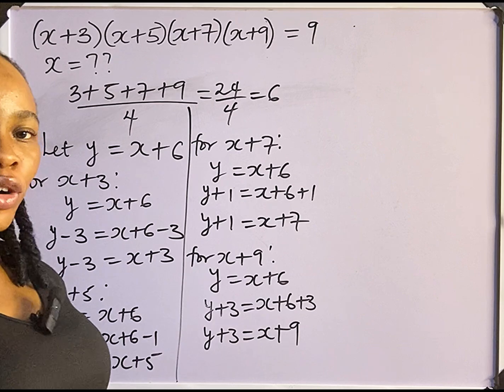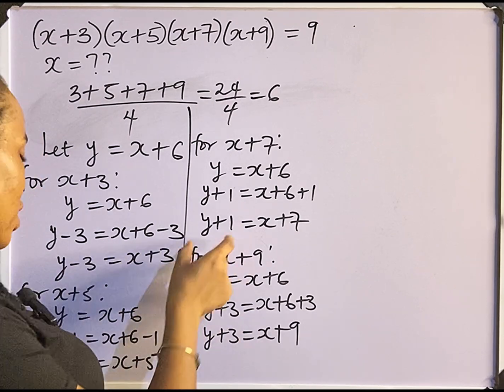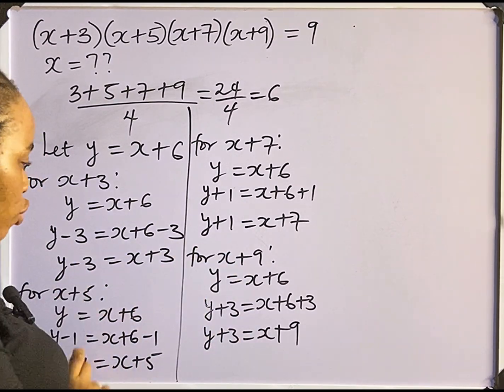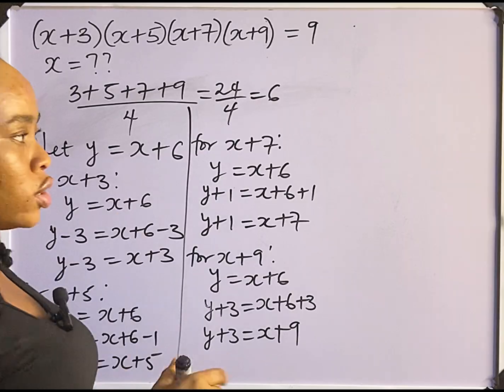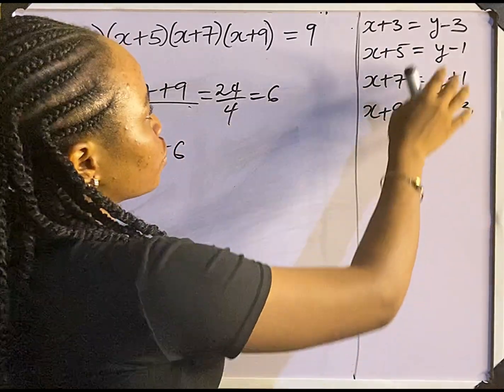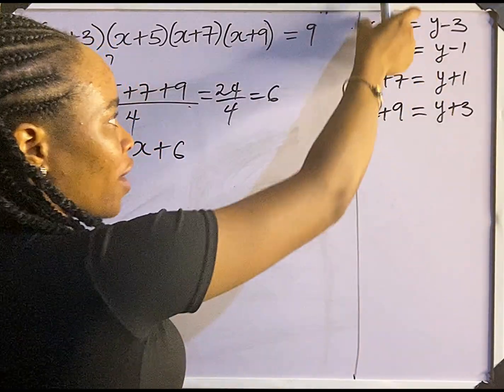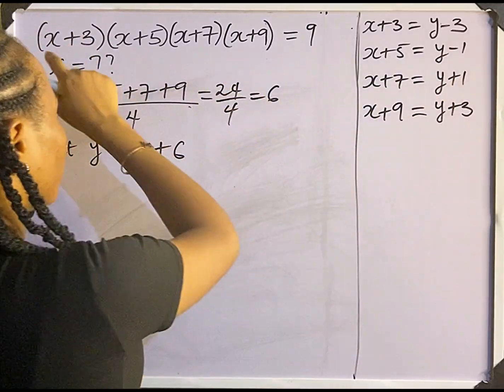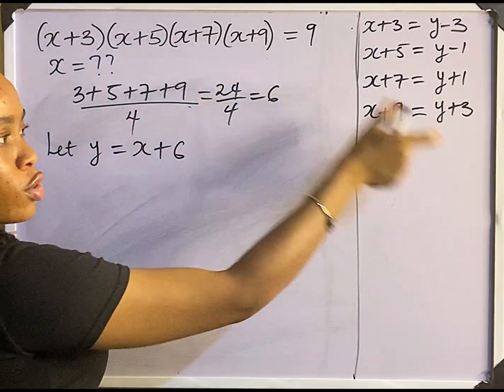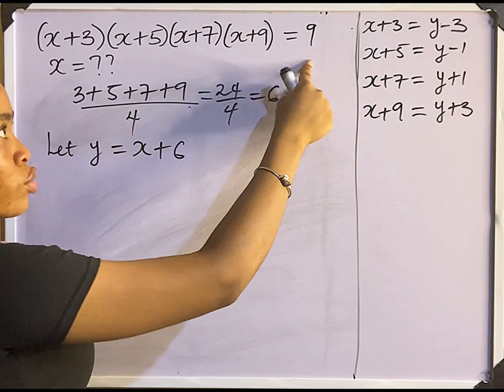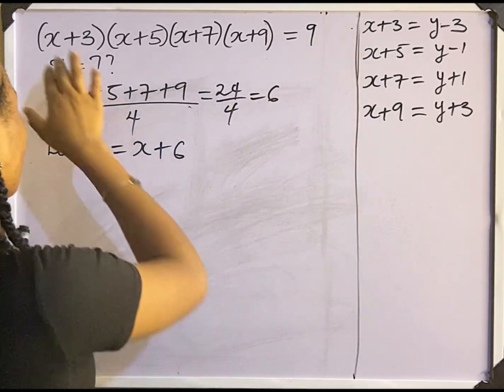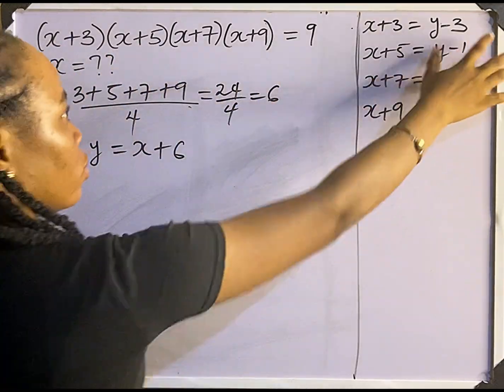So the next thing we're going to do, we're going to substitute these new factors back into the equation. So now we are going to rewrite these factors in terms of y. So instead of x plus 3, what is x plus 3?